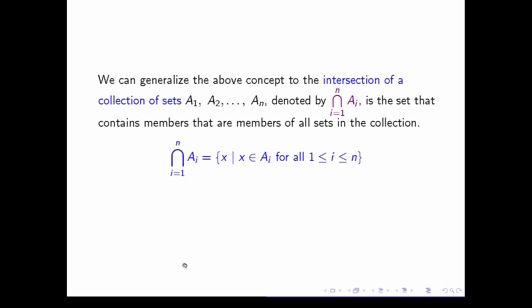Similarly to the union, we can also generalize the intersection concept to a collection of sets. So the intersection of a collection of sets will be a set containing all the shared members among these individual sets.